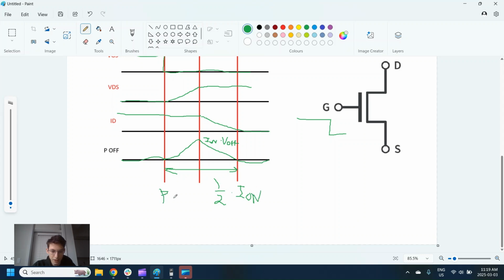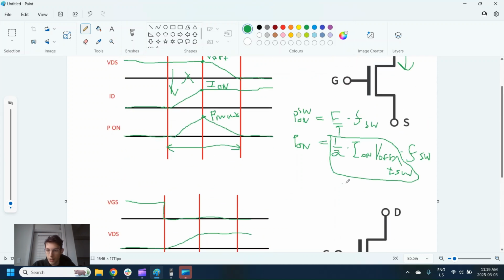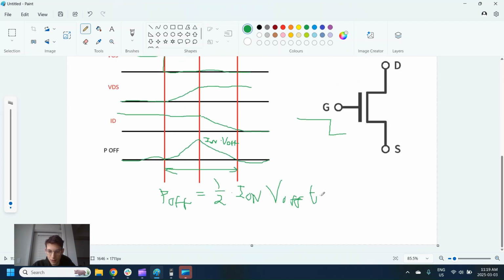This is like our P off: 1/2 I on V off and T switch. That's our base. So 1/2 height base times our switching frequency.